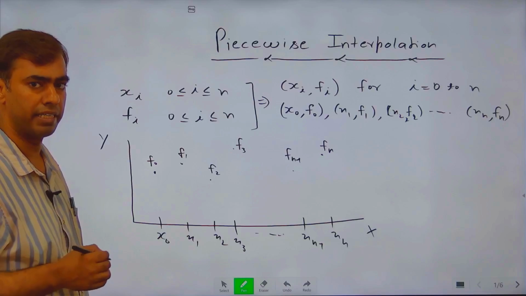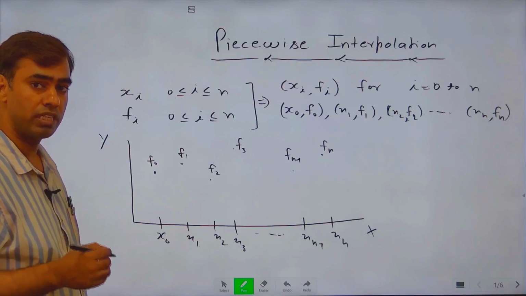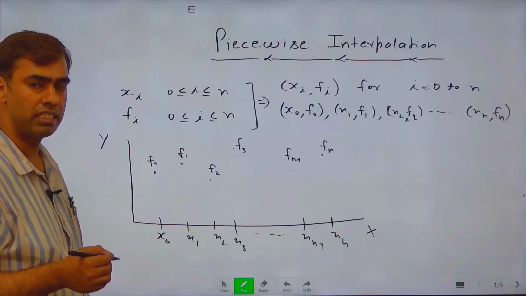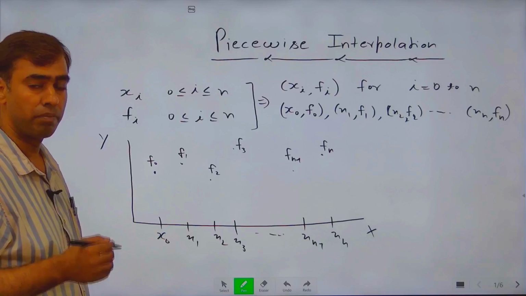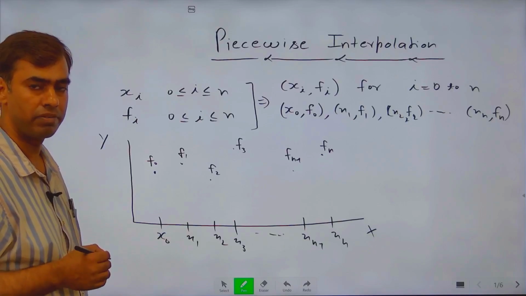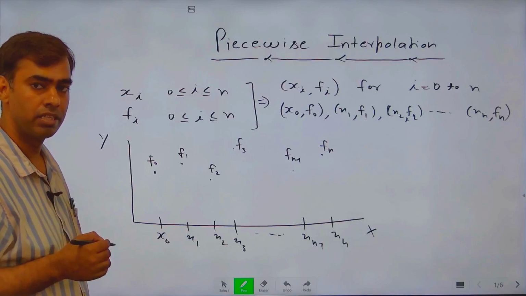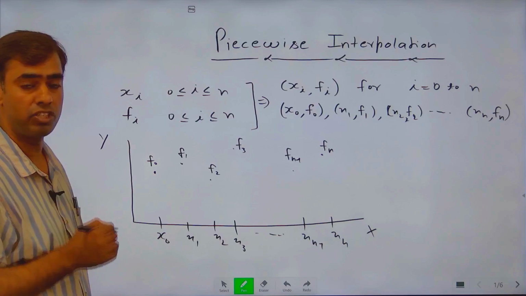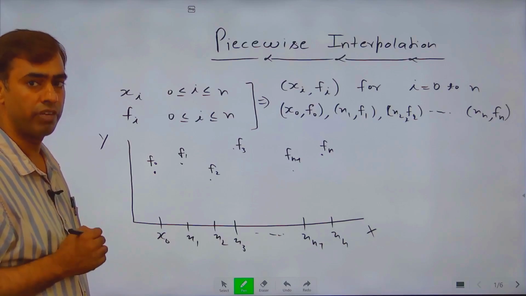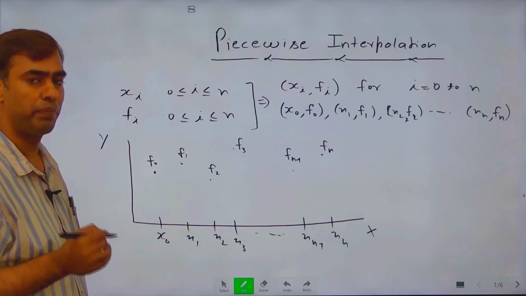As the degree of a polynomial increases, the accuracy of interpolation also increases, but after a certain level the accuracy decreases due to round off error. Due to this reason, there is a need for piecewise interpolation.